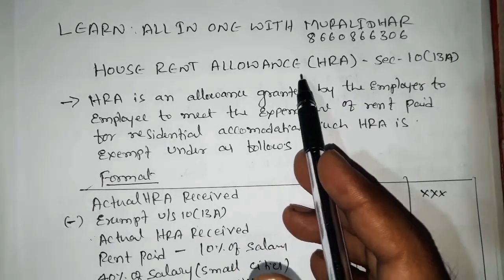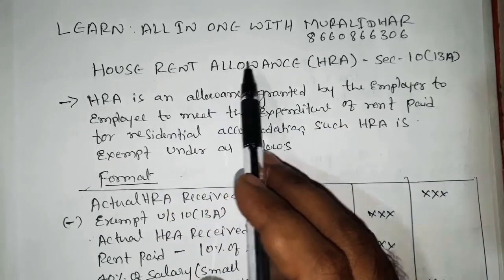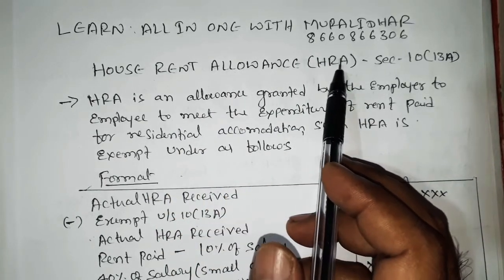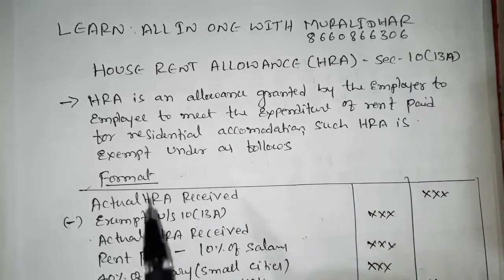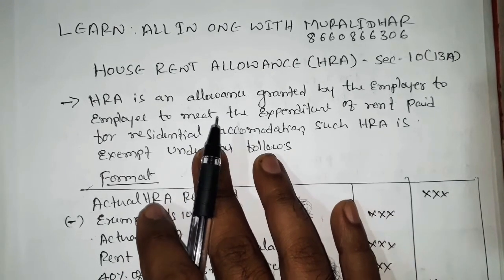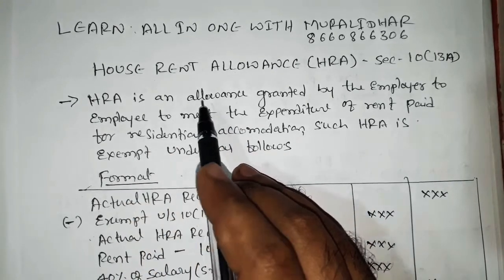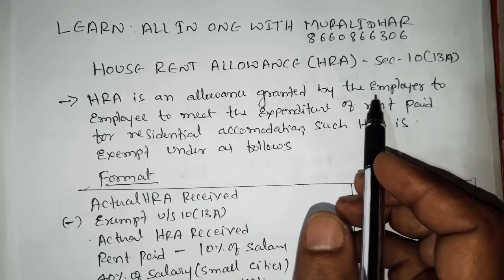Today we are discussing the tax-free exemptions under house rent allowance, which we call HRA, under section 10 subsection 13A. We need to understand the meaning of HRA. HRA is an allowance granted by the employer. I have already explained this in the last video.